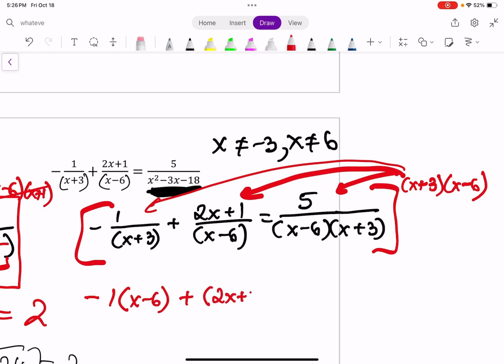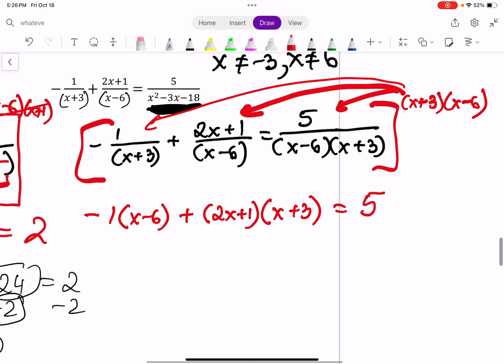This one's going to leave you with a 2x plus 1 and the extra x plus 3. And when I multiply it to the last fraction, both factors will be gone, and therefore we're left with a 5. So again, distribute. We will end up with a quadratic equation.